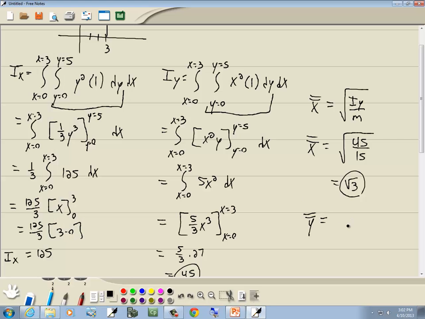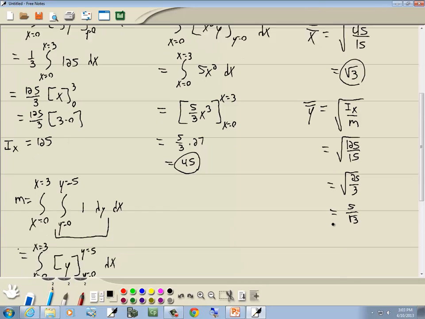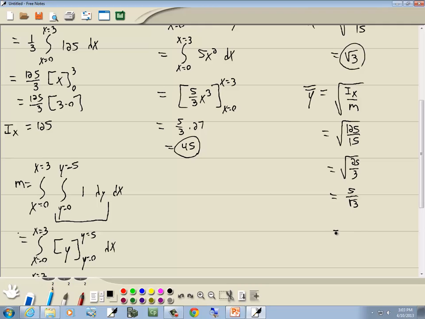So our other one is going to be the square root of I sub x over m, which is going to be 125 over 15, which gives us 25 over 3, which would give us 5 square root of 3 over 3.